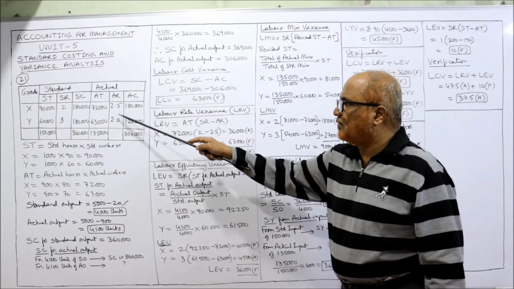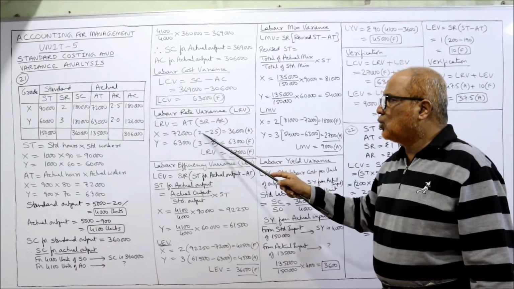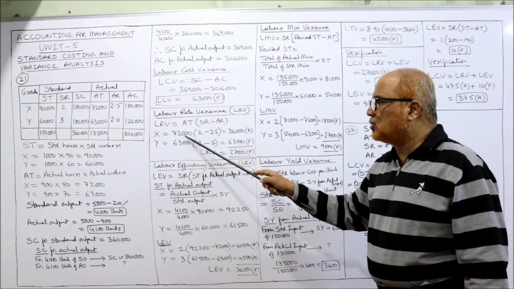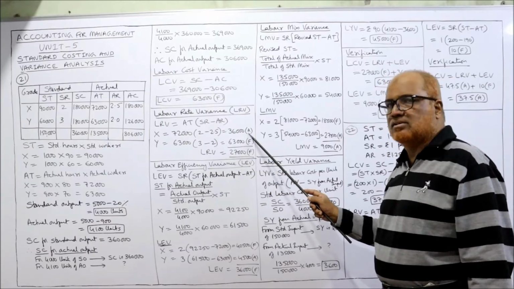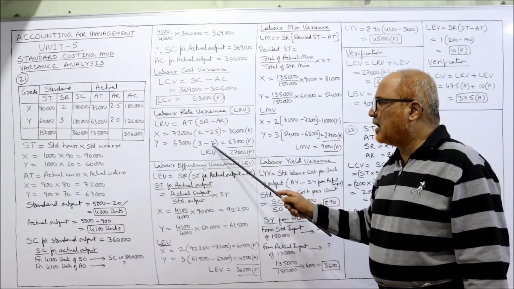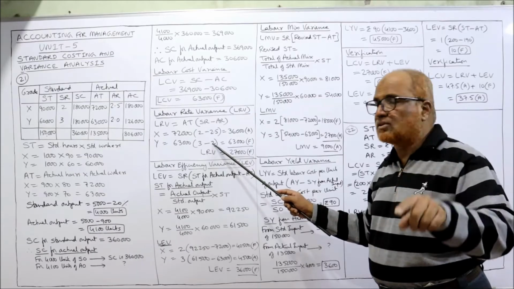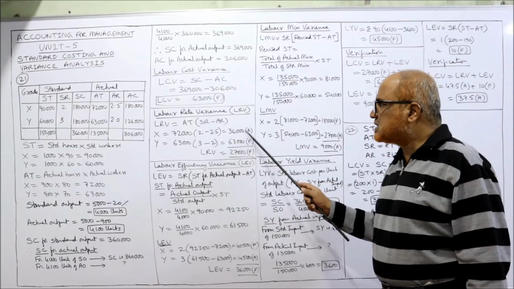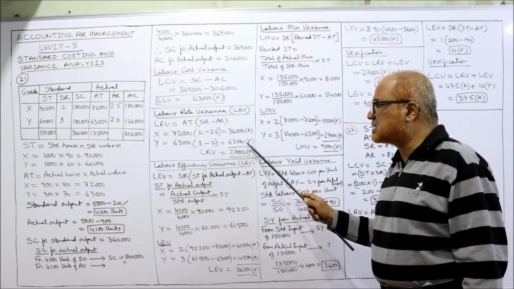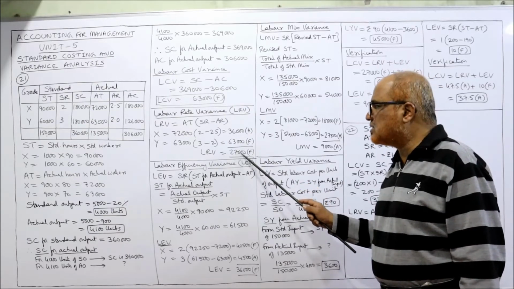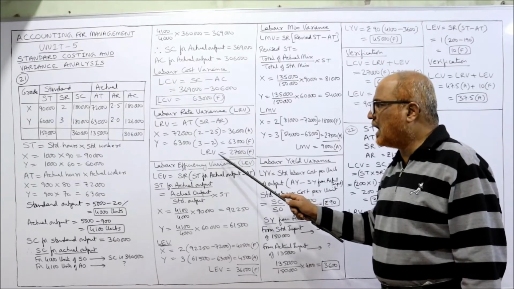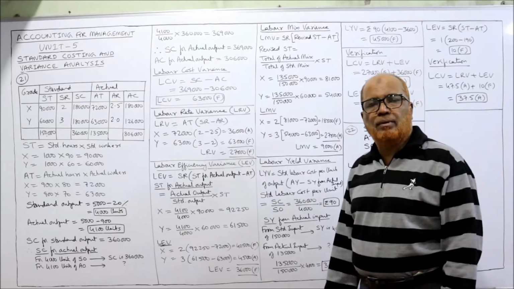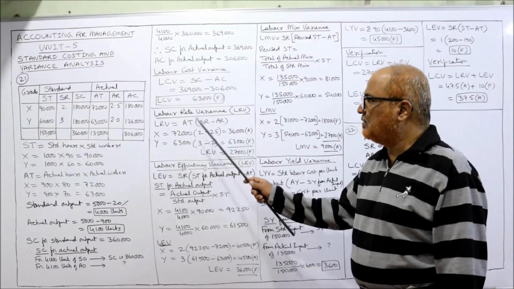Actual rate 2.5 and 2. Now 2 minus 2.5 into 72,000, you'll get 36,000 adverse, negative. 3 minus 2 is 1, positive. 1 into 63,000, favorable. So minus 36,000 plus 63,000, you are getting 27,000 favorable. LRV 27,000 favorable. Two variances completed, LCV, LRV.